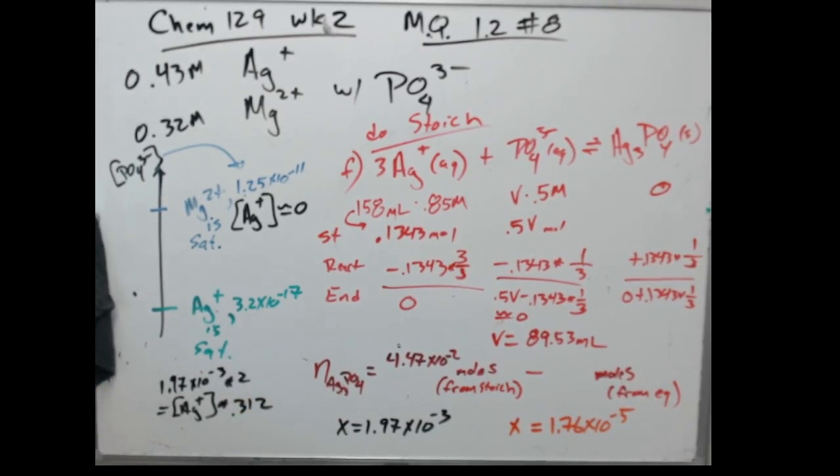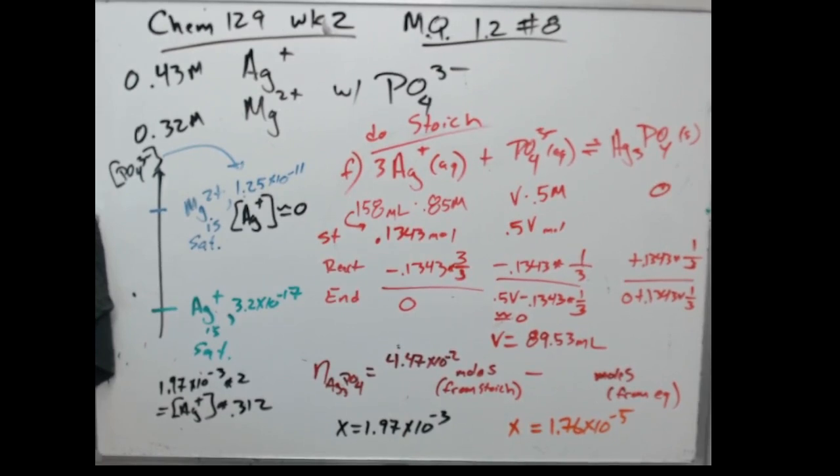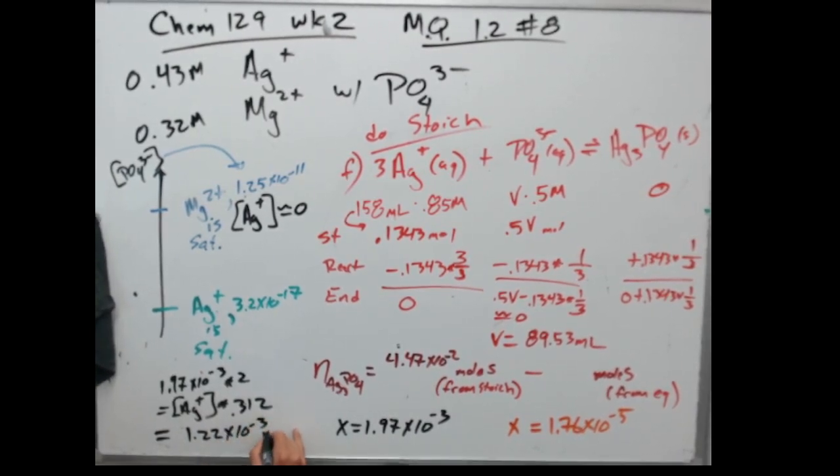That will get me the moles of silver ions left in solution. 1.97 times 10 to the minus 3 times 2 times 0.312. Oh, this is going to be a problem. Oh, it's not that big of a problem. It's significant, but it's not that big of a problem. 1.22 times 10 to the minus 3 moles.